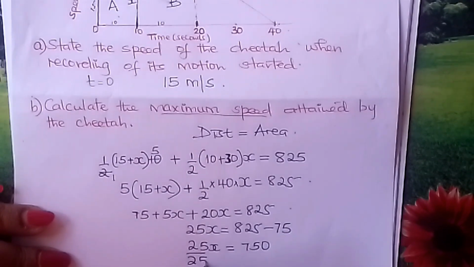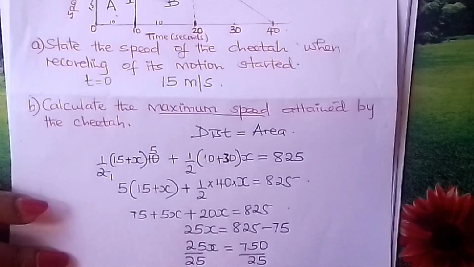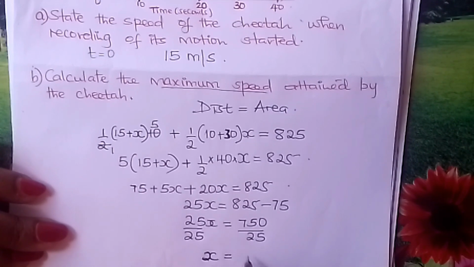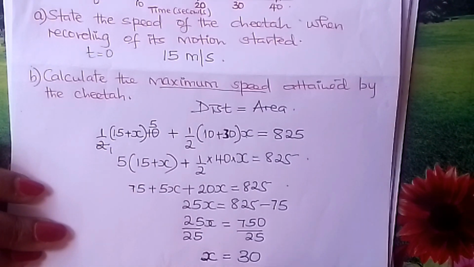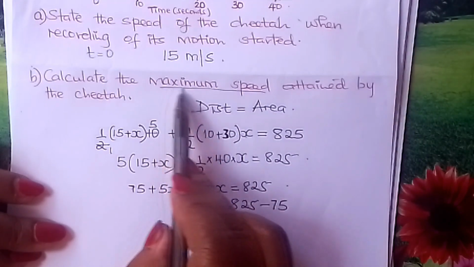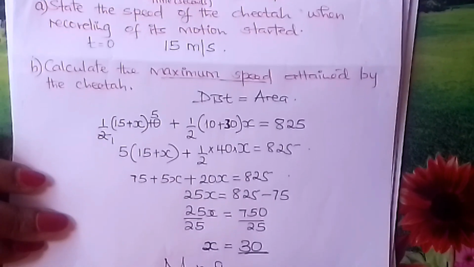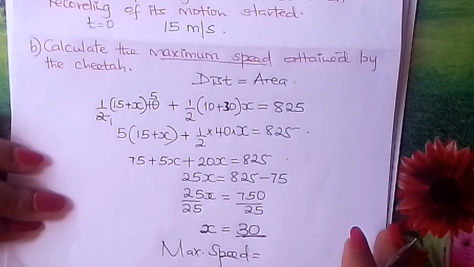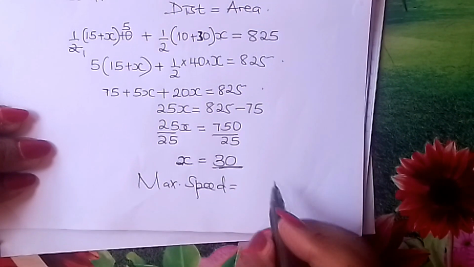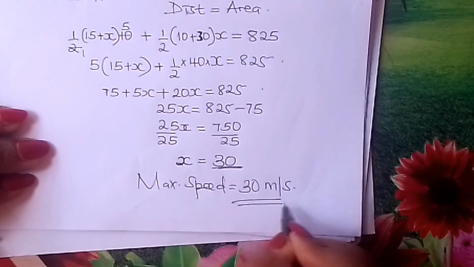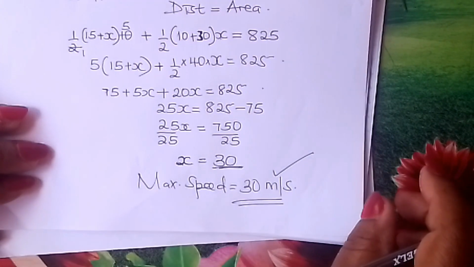Divide by 25, divide by 25, and therefore what is your x? Your x is 30, which refers to the maximum speed. And therefore, the maximum speed of the cheetah is 30 meters per second. You fix the units there.